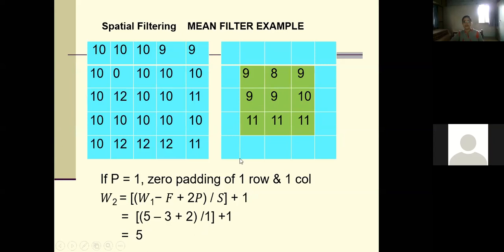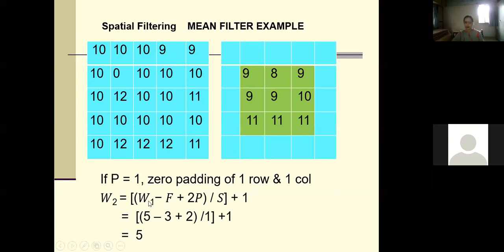Okay, now let us consider one more example. Now, if we add padding of 1, if we add 0 padding around this image, and if this padding size is 1, what is the resultant image size? If we add 0 padding of 1 row, 1 column to the existing image. So actually your image is increased by 2 rows and 2 columns when we add 0 padding.